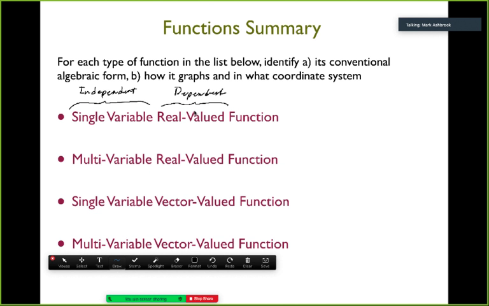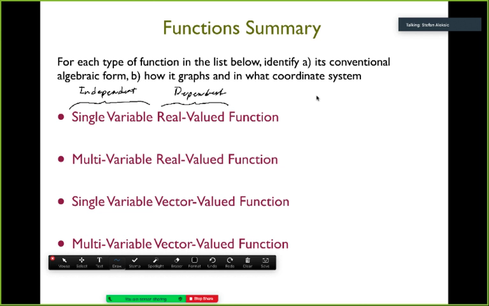So this first type of function, you have a single variable, and then the function takes that value and returns a corresponding real value. What would be our typical algebraic form for that? These are the functions you've been dealing with for most of your algebra and calculus career. What's our conventional algebraic formula for that?